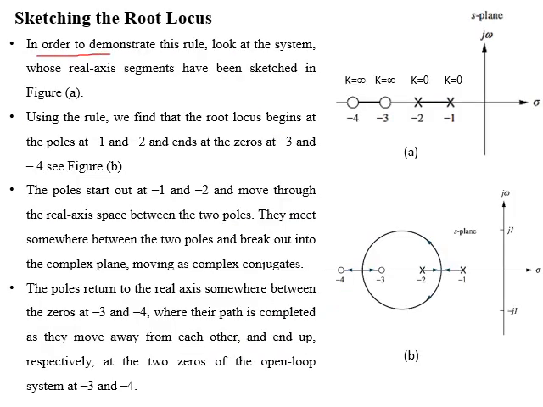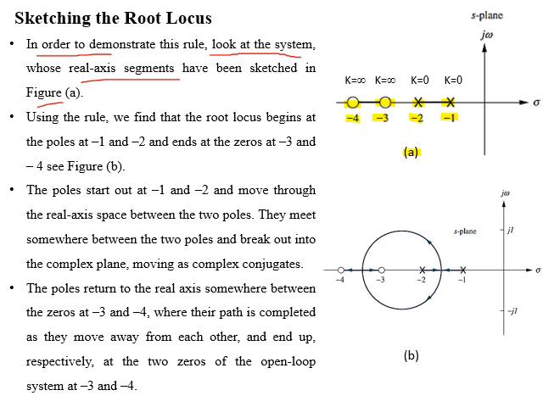Dear students, now we will study starting and ending of root locus with the help of an example. If you look at the system in figure A, in this we have two open loop system zeros and two open loop system poles. Two poles are located at -1 and -2, where zeros are located at -3 and -4.